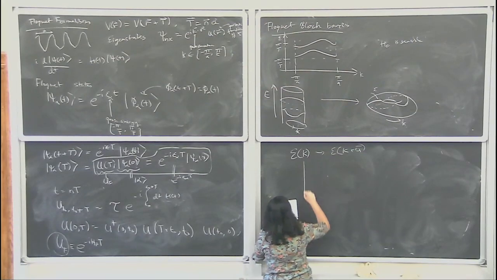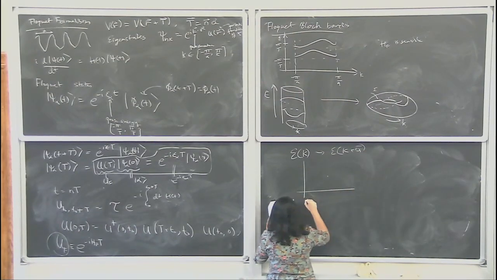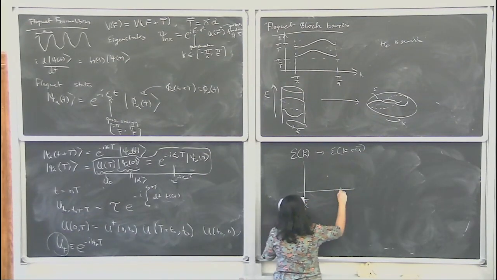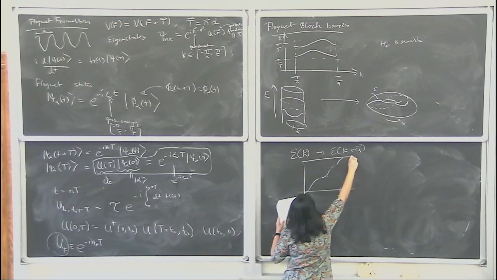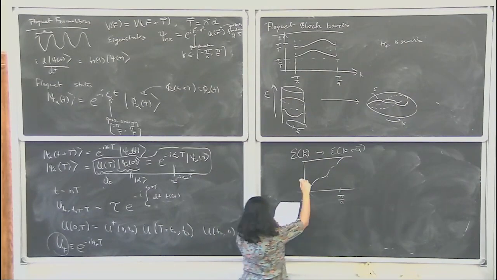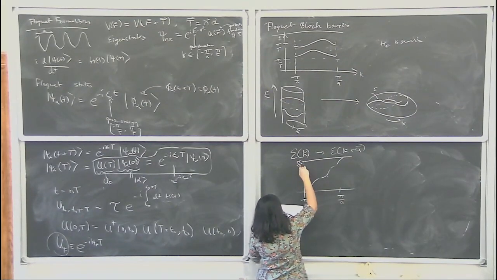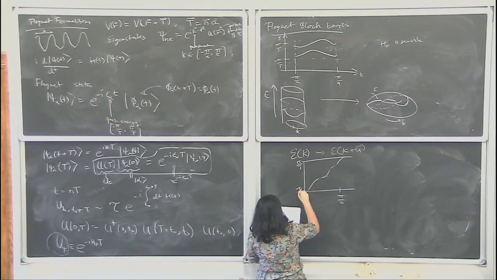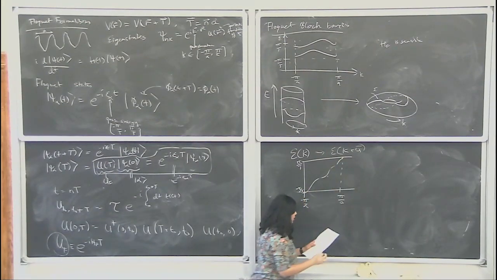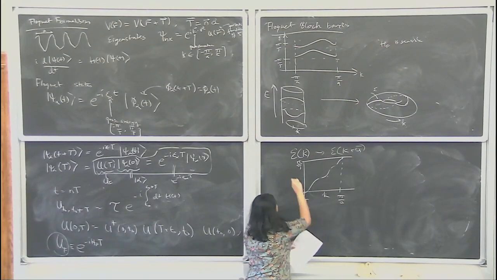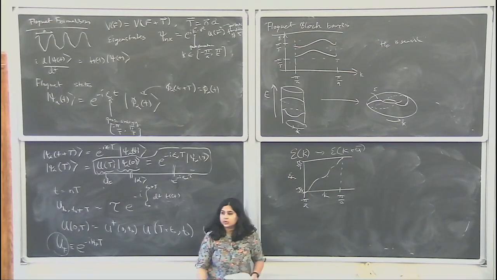So for instance, we could get a band structure which looks like this, epsilon of K versus K, okay?